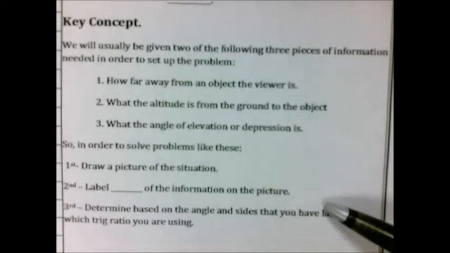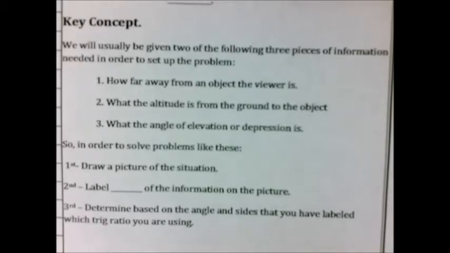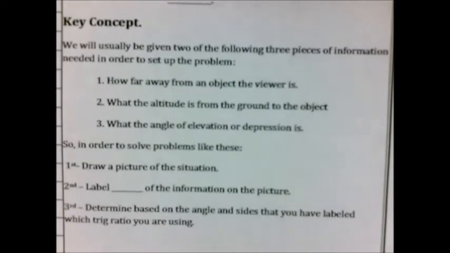We need to know every piece of information: opposite, adjacent, hypotenuse, the angles, and all of the dimensions, such as how far something is from somebody else. Lastly, determine, based on the angle and sides that have been labeled, which trig ratio we can use, and then of course solve.